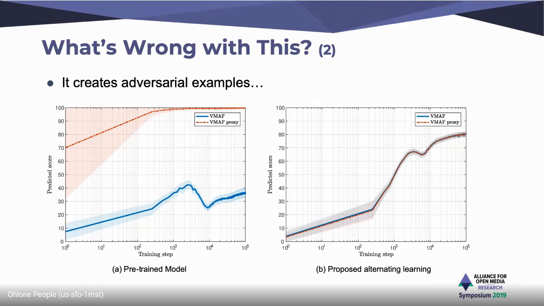You can see that on the left-hand side, when I use a pre-trained model, these two scores are quite diverging, meaning that my VMAF proxy network is not predicting consistently with the VMAF score. So I came up with a solution to this problem, and figure B is the result. You can see they are quite consistent.